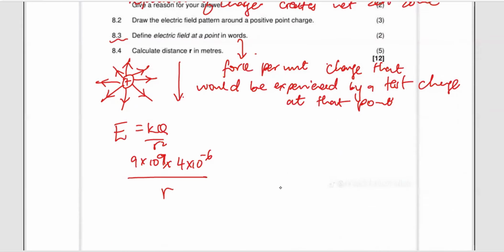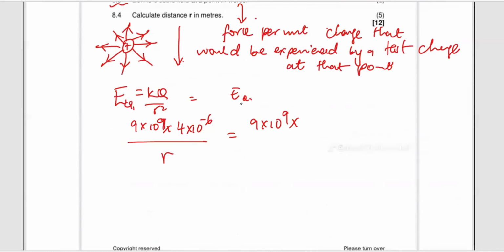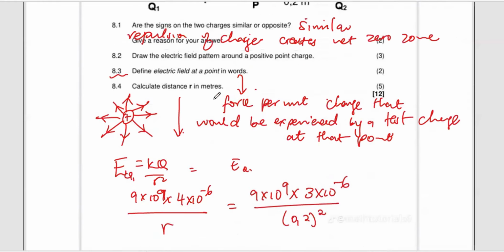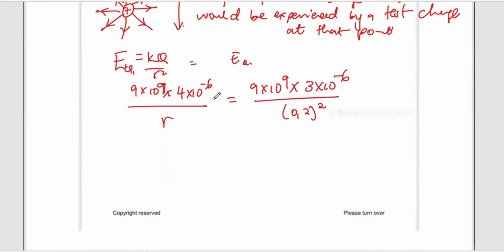And if the net is 0, the E of Q1 must be the same as the E of Q2. So I'm just going to equate, and this is 9 times 10 to the 9 multiplied by the 3 micro, so 3 times 10 to the negative 6, over the distance, which is 0.2 squared. Okay, so that is what we have. And then I'll do the magic of cross multiplying.